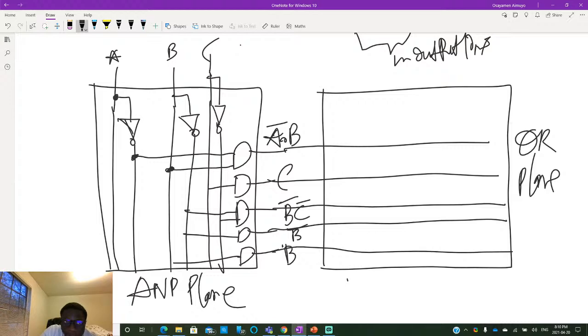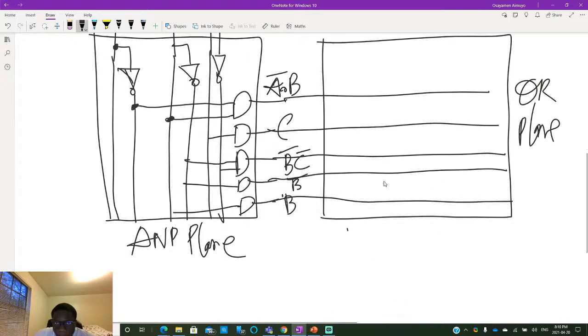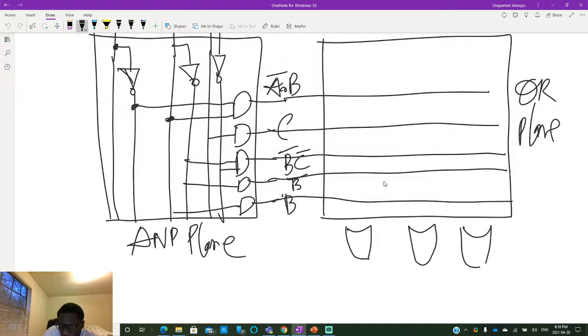Okay, so let me scroll down a bit here. You can just do like three outputs. So this one would be, let's say, B or B bar and BC bar.